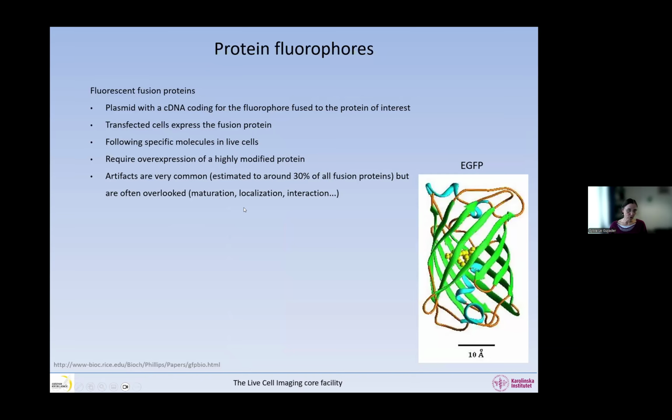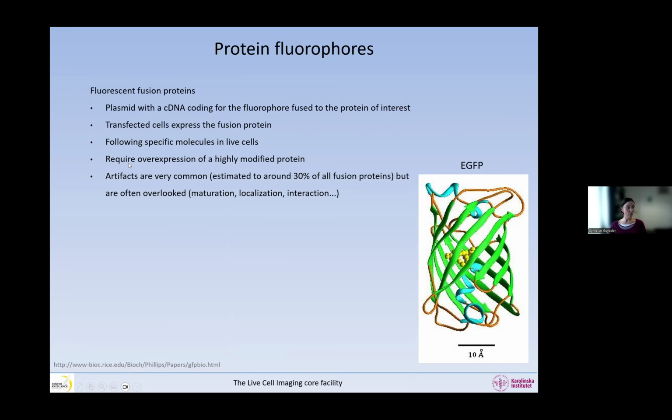Now, if we look at the protein fluorophores, they are produced by the cells. So we make a plasmid and we fuse our protein of interest with the cDNA of a fluorophore. And then we transfect the cells, and then the cell is going to produce this modified molecule. It is very good to follow specific molecules in live samples.